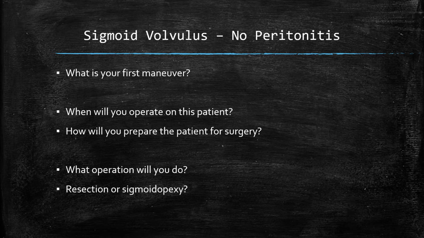The anatomic problem here is a redundant colon with a narrow mesentery, and so the only thing that will provide long-term cure is to resect this anatomic problem. A sigmoidopexy has the theoretical value of avoiding an anastomosis in an often debilitated patient, but it just doesn't work, and recurrence is extremely high. So simply don't do this.